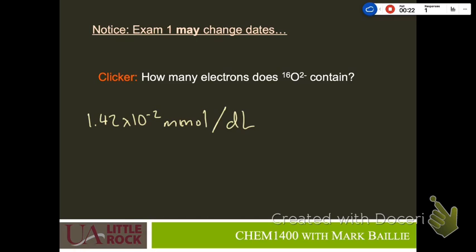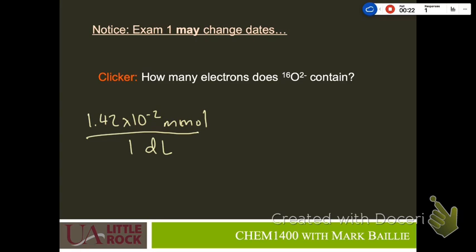So you have a conversion factor that for every deciliter, this person has this many millimoles. Don't worry if you don't know what millimoles is for now. We're not going to talk about moles for a while in this class, but you need to know that it's a unit.